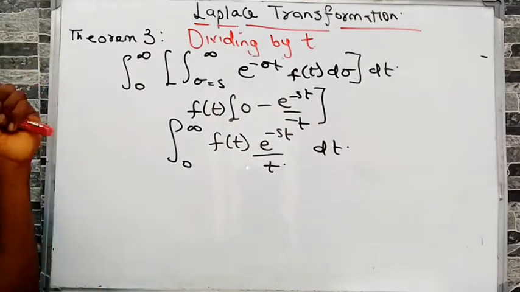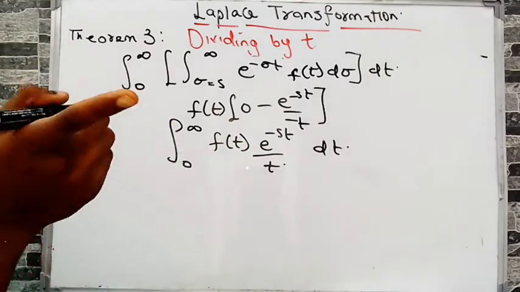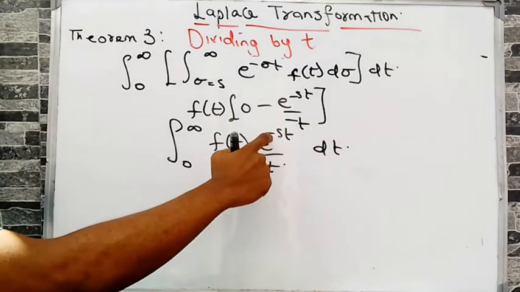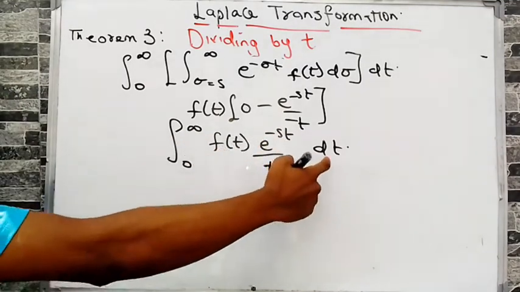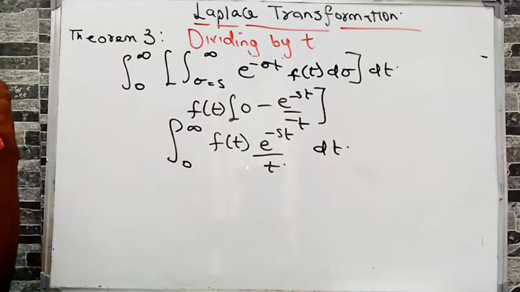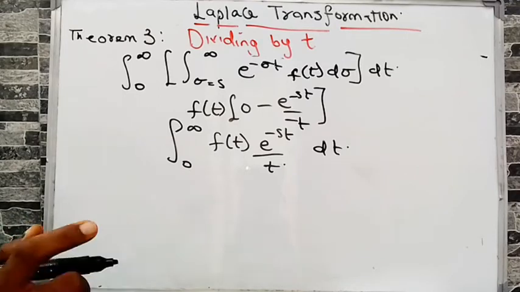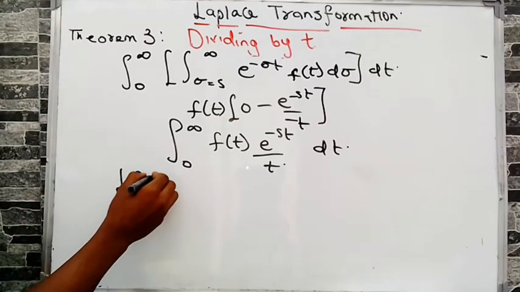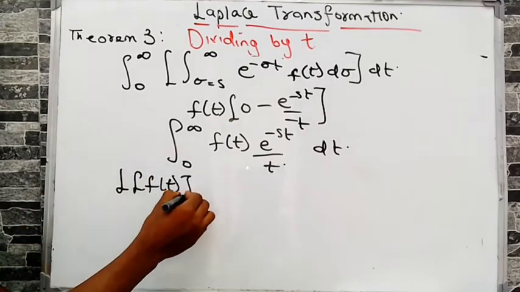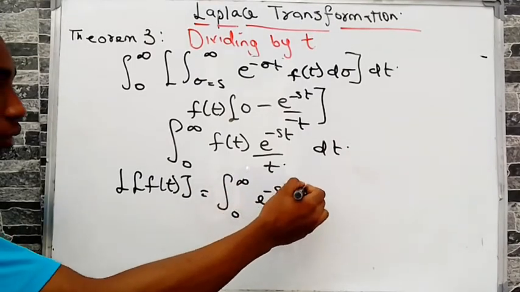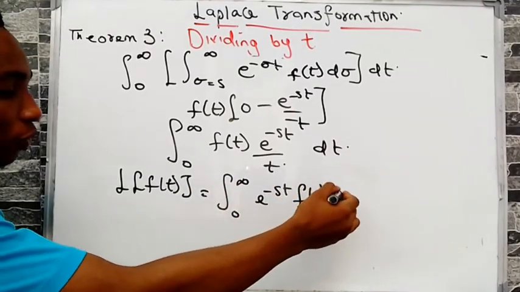Now we all know that our normal representation for Laplace transformation is the integral from 0 to infinity of exponential minus st function of t dt. What I'm trying to say is, if you remember our last video, I gave a general Laplace expression, which is the Laplace of a function of t equal to the integral from 0 to infinity of exponential minus st times function of t dt.